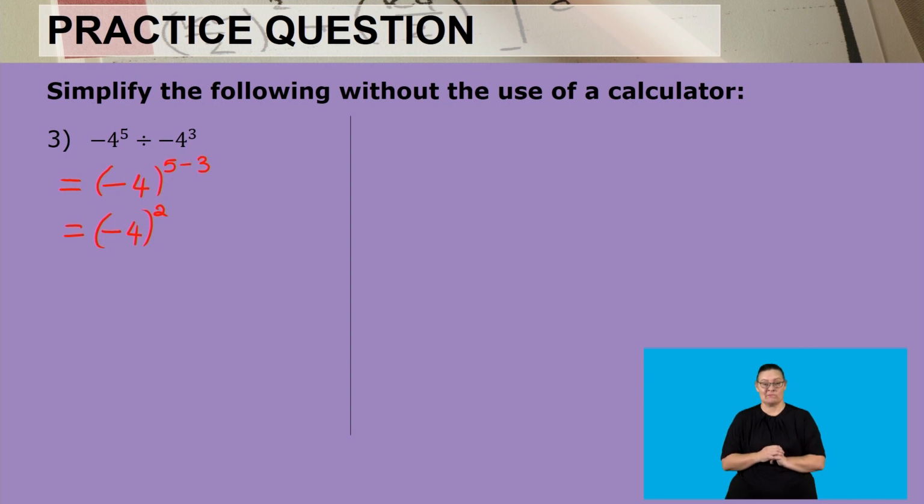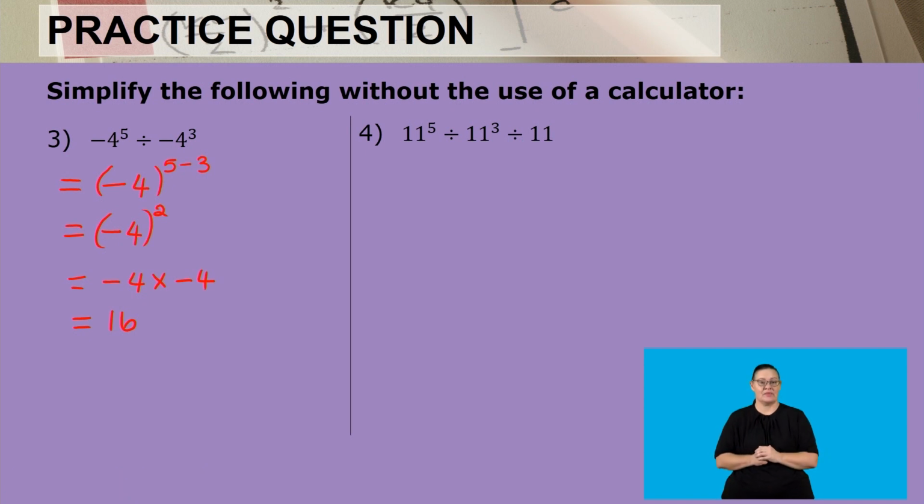We can simplify this further, because we are talking about simplification. That is negative 4 multiplied by negative 4. A negative multiplied by a negative gives us a positive, and 4 multiplied by 4 is 16. So our answer is positive 16.